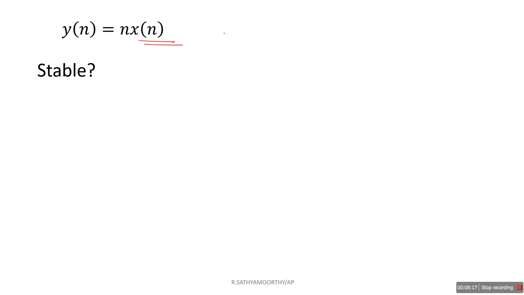We take bounded inputs like the unit step input or some constant, and we check whether the output is bounded for all time n. Let's take the unit step signal for a discrete time system, 0, 1 up to infinity. The time index is n. This is u of n.